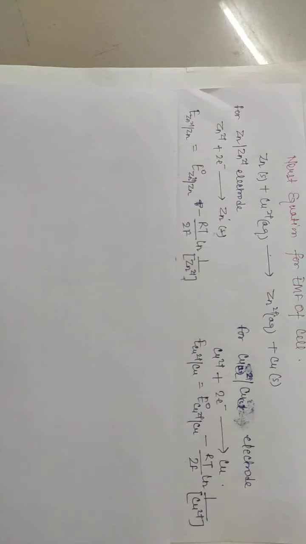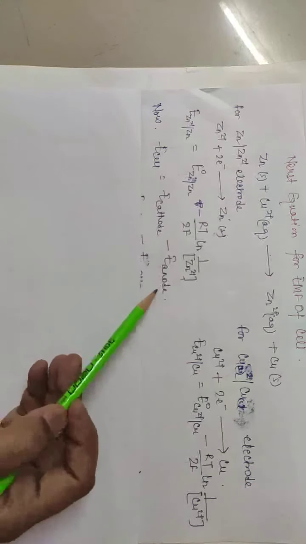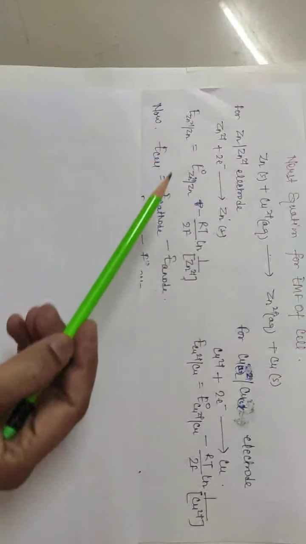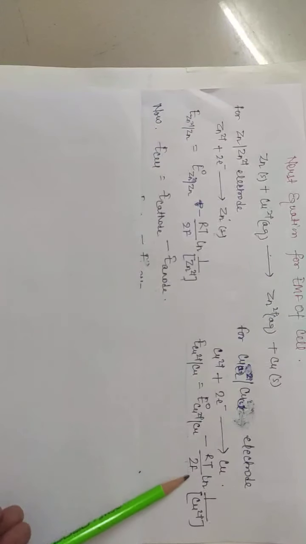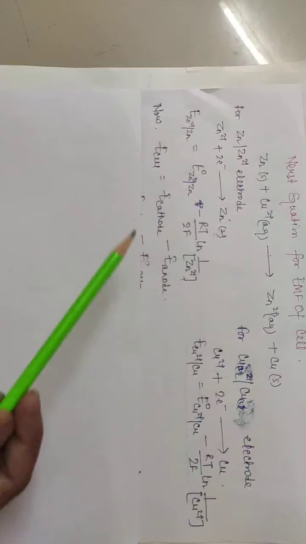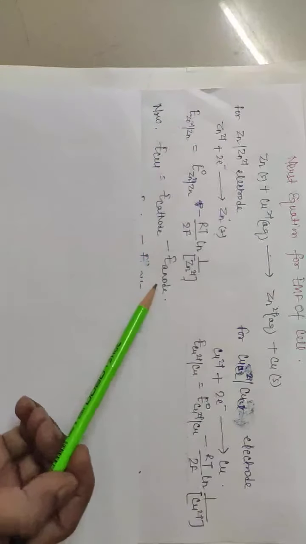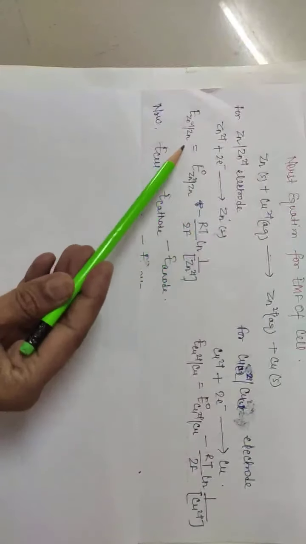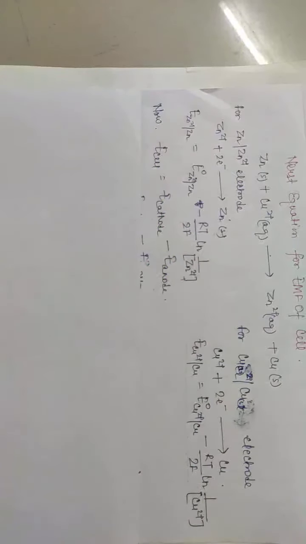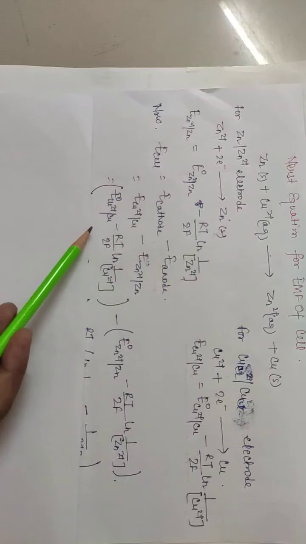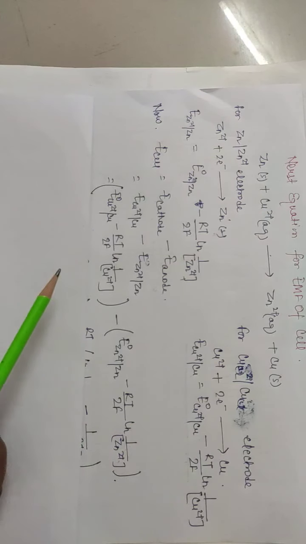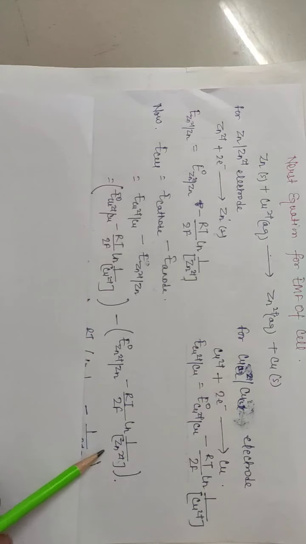Now since E cell is the difference, E cathode minus E anode, we put E cathode, that is this copper electrode, minus E anode, that is the zinc electrode. Writing this, we have this minus this.